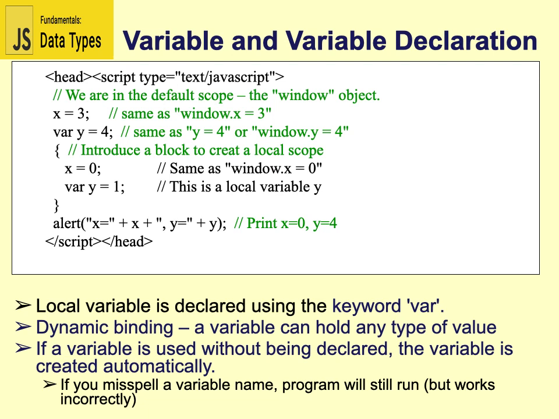So in that particular anonymous block, y is a local variable. Out of that particular anonymous block, y is local to the outside block.